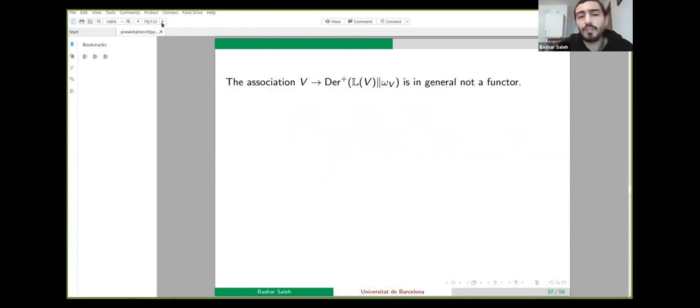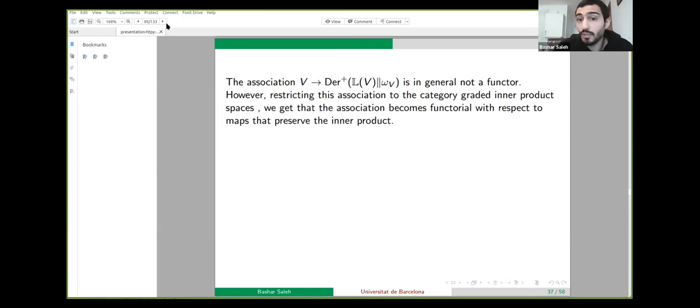In general, the association V goes to derivations on LV that vanish on omega V is not a functor. I mean, derivations has both the domain and codomain being LV, so this is not functorial. However, restricting this association to the category of graded inner product spaces, we get that this association becomes functorial with respect to maps that preserve the inner product.